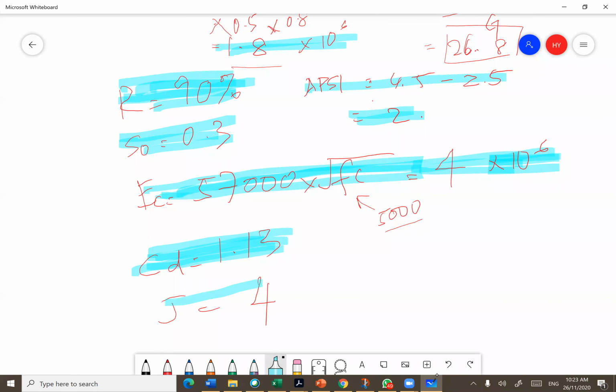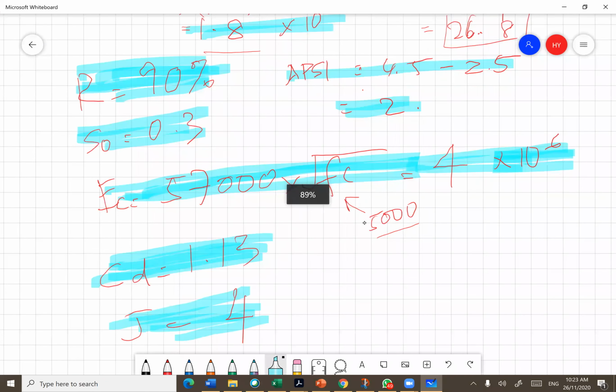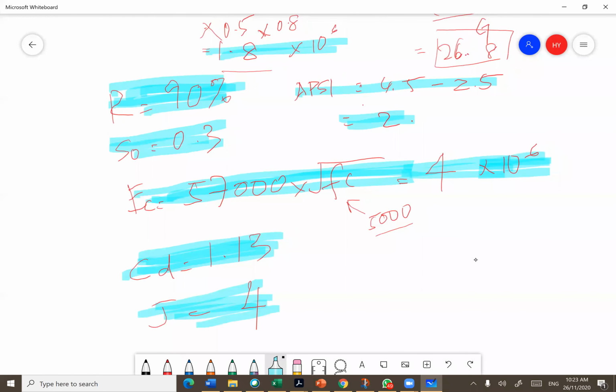What else are we missing? SC. Yes, SC is given. The modulus of rupture is 600 PSI.